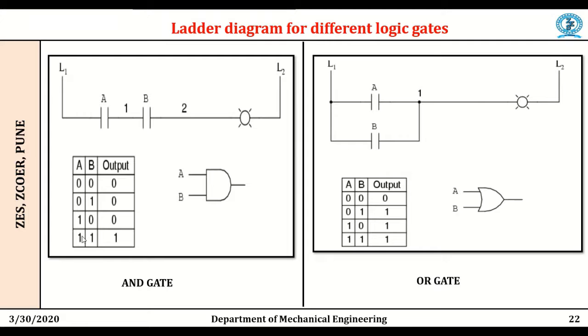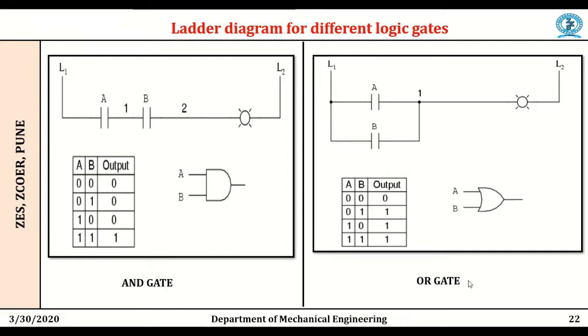When both the inputs are high, then the output will be high. If any one input is 0 or low, the output will be low. So in this AND gate, we require both inputs to be high, then we get the high output.